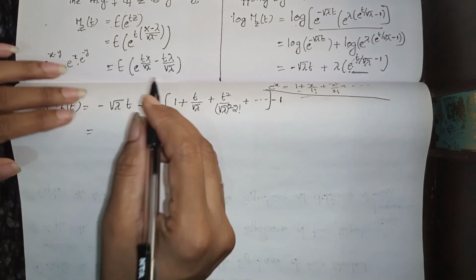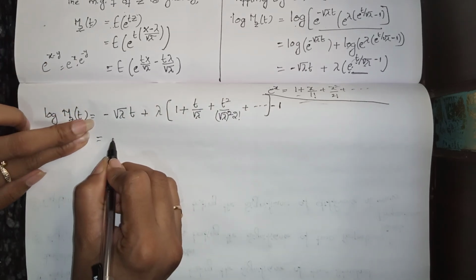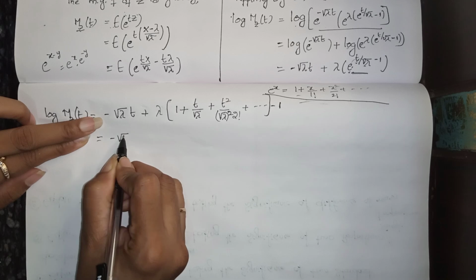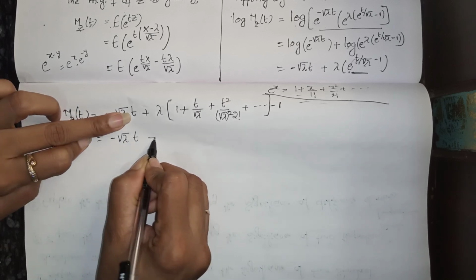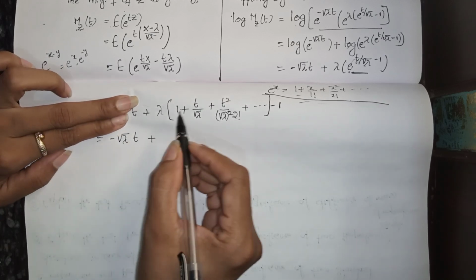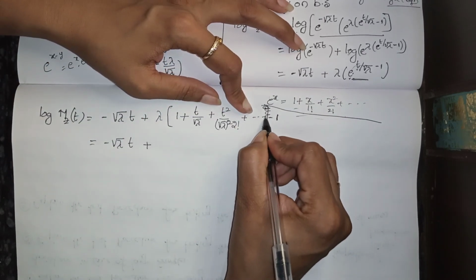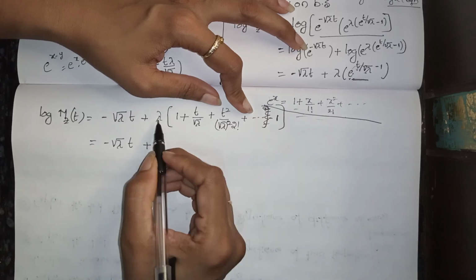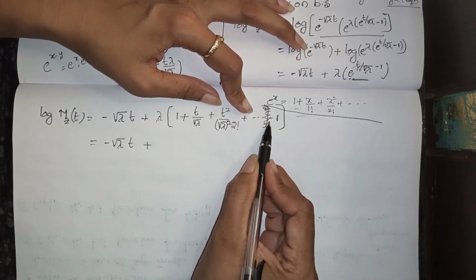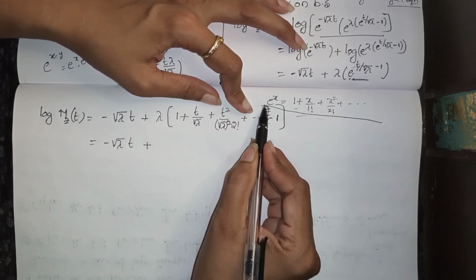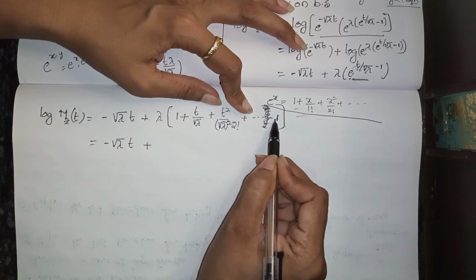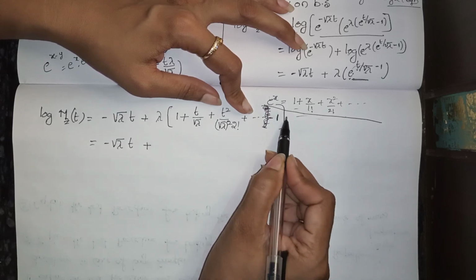If we simplify, it equals minus root lambda t plus, and here I am going to keep a bracket, because this lambda belongs to this minus 1 also. That's why I am taking this bracket outside.